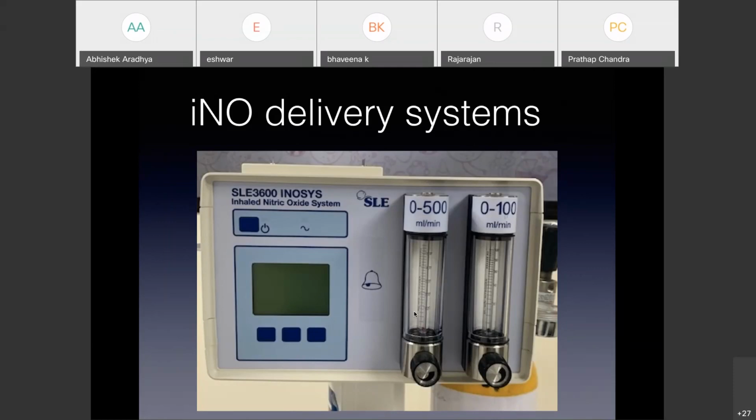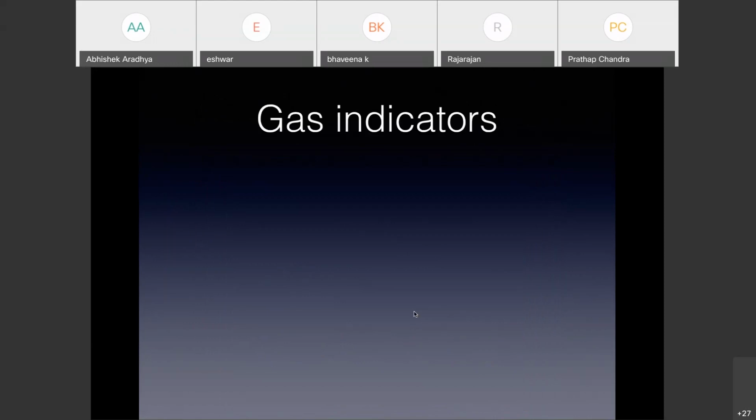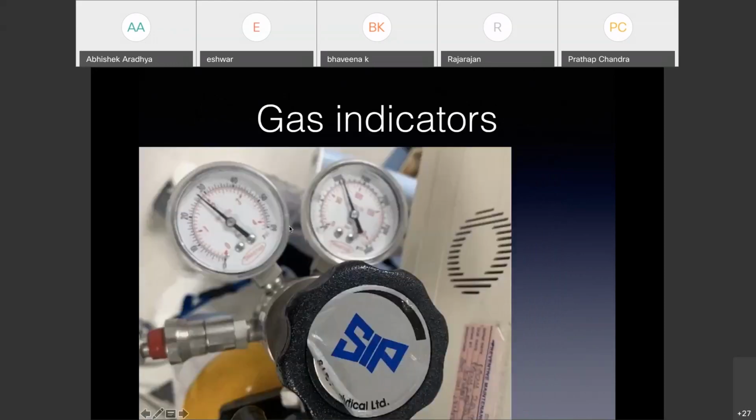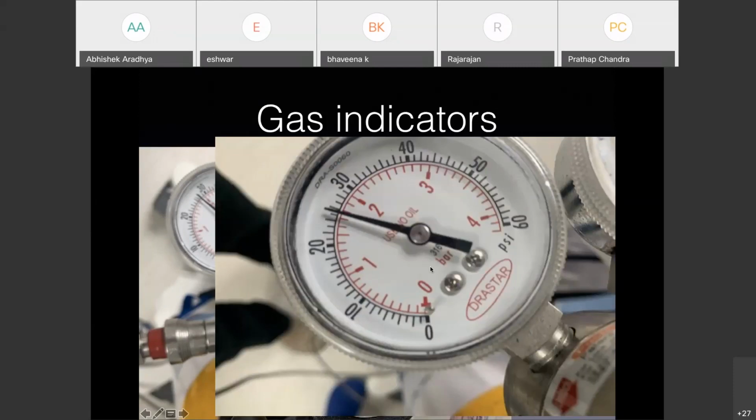Moving on, some of the gas indicators. There are two dials here. One dial says what the pressure is, in bars. The other dial suggests how much nitric oxide is present in the cylinder. The black one here is your regulator. If you look closely, one of the dials suggests the pressure in the nitric oxide system is close to 2 bars.